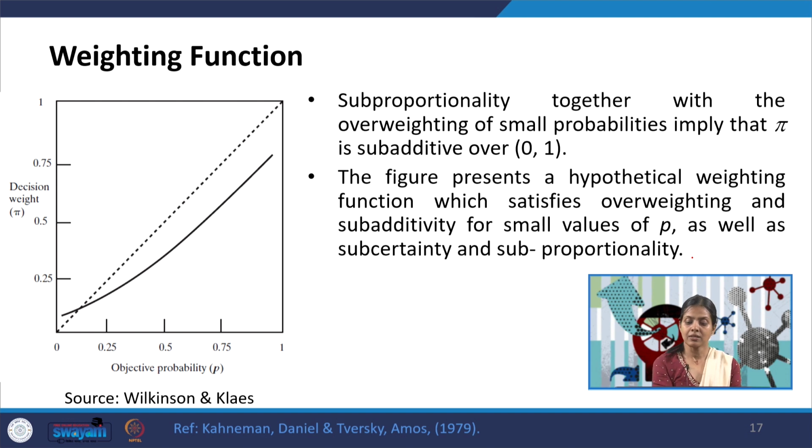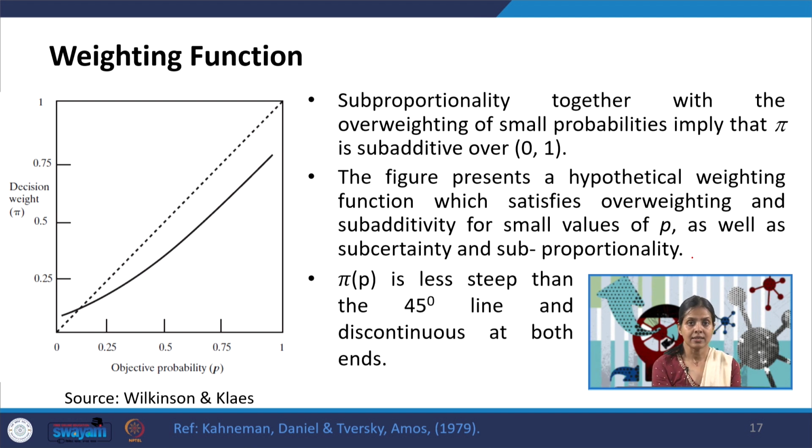The figure presents a hypothetical weighting function which satisfies overweighting and sub-additivity for small values of p, as well as subcertainty and subproportionality. Pi p is less steep than the 45-degree line. This is the 45-degree line going through the center, and this is the pi p line. This is less steep than the 45-degree line and discontinuous at both ends.